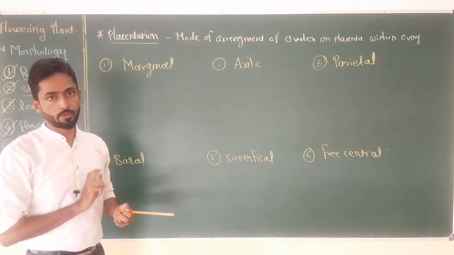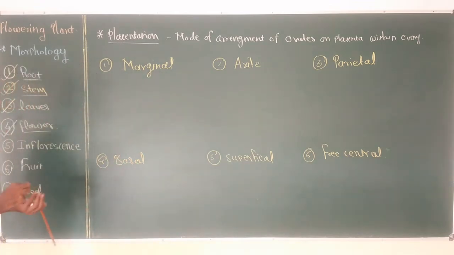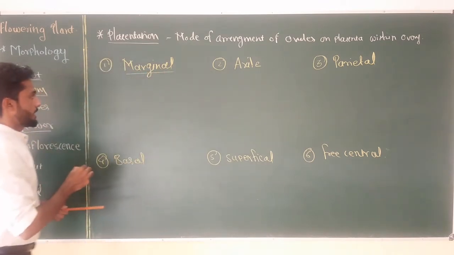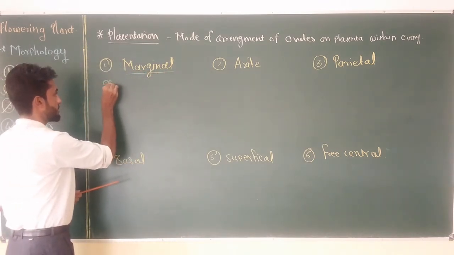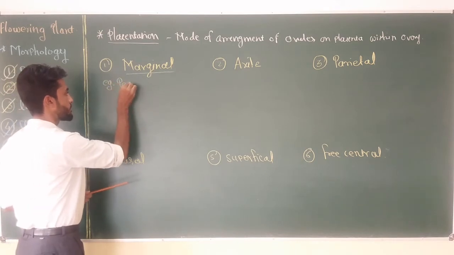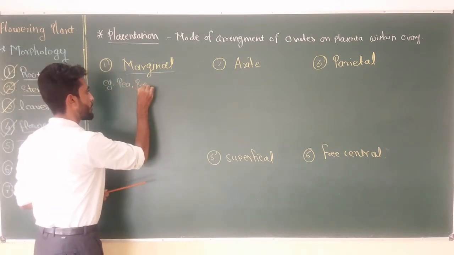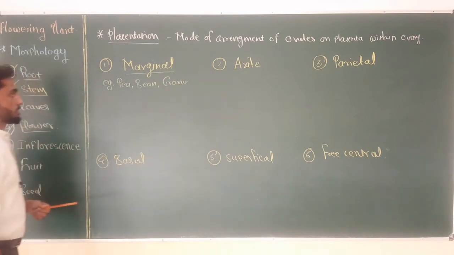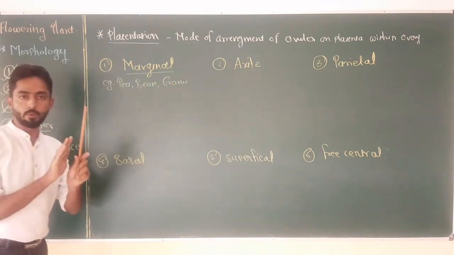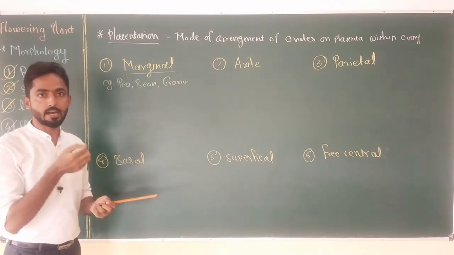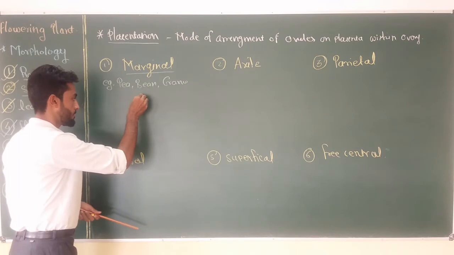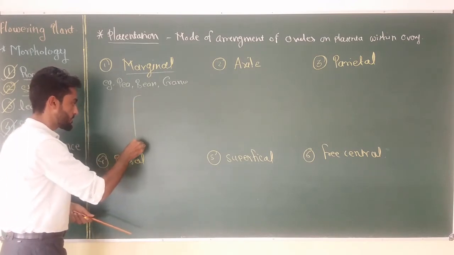So all are types of placentation, that means the mode of arrangement of ovules on the placenta within the ovary. The first type is marginal placentation. The example of marginal placentation is the pea plant, bean or gram plant. If we break open the pod of, say, a garden pea plant, we can easily observe a structure like this.